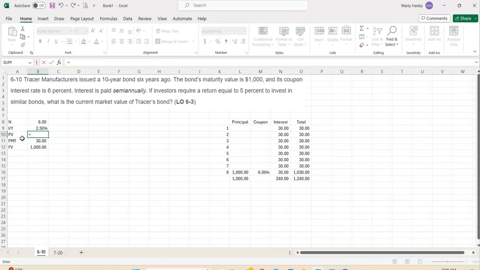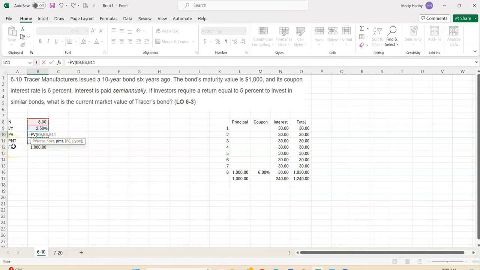Again, we've got the present value of a lump sum and the present value of an annuity. So PV: our rate, the 2.5%, the number of periods, 8. Remember to hit a comma between each of them, and do it exactly the way it's shown here.